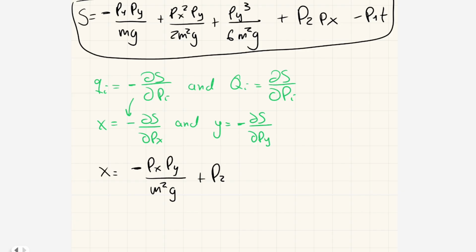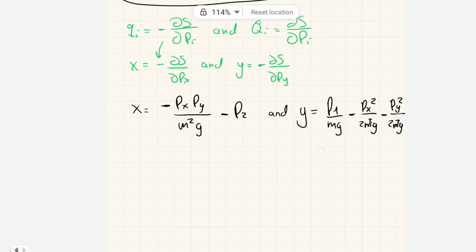and then minus p2. Actually minus, right? And then y is going to be minus the partial of s with respect to py. That is going to be p1 divided by mg, and then minus px squared divided by 2m squared g, and then minus py squared divided by 2m squared g.